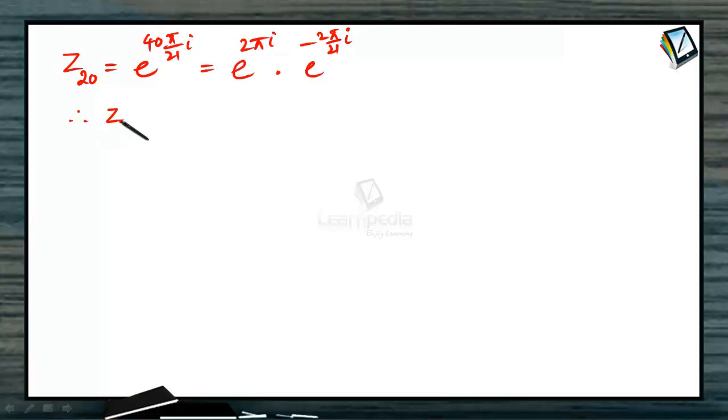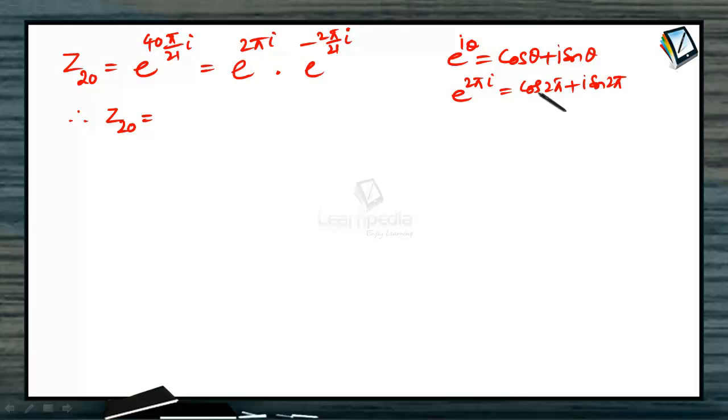Therefore we can say z20 is e to the power of 2 pi i times e to the power of minus 2 pi by 21 i. From Euler's formula, e to the power of i theta is cos theta plus i sin theta. Therefore e to the power of 2 pi i becomes cos 2 pi plus i sin 2 pi. Sin 2 pi is 0 and cos 2 pi is 1, hence this is equal to 1. Therefore z20 becomes e to the power of minus 2 pi by 21 into i.